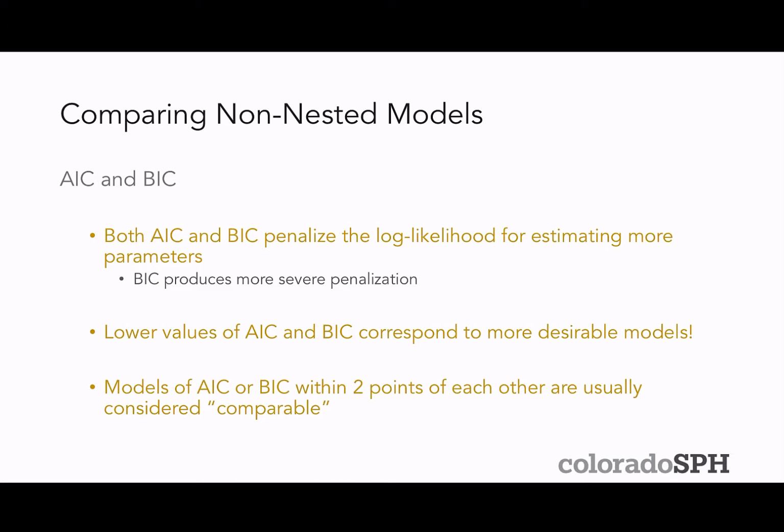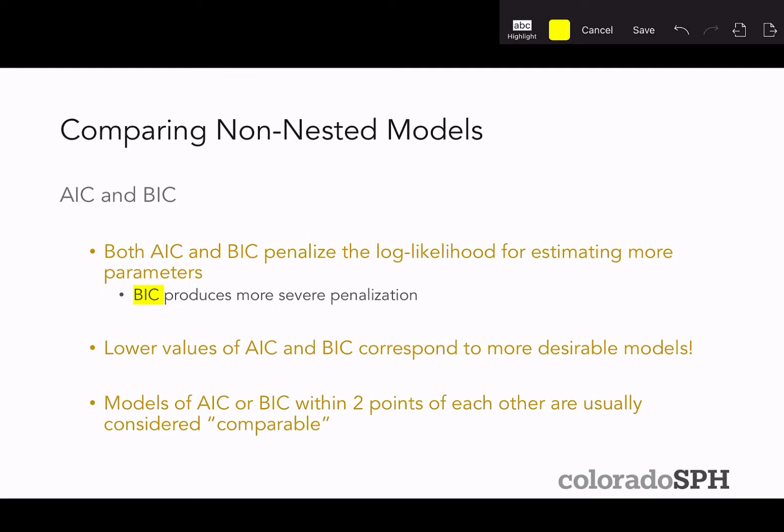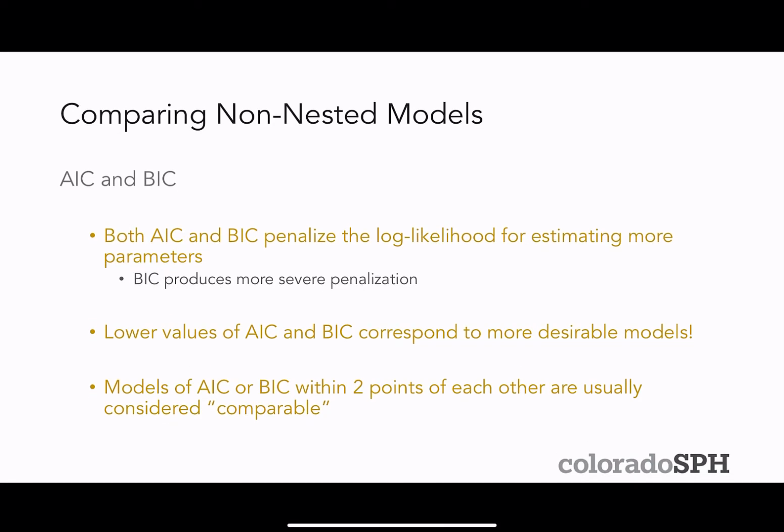So both AIC and BIC penalize the log likelihood for estimating more parameters. BIC produces more severe penalization. And lower values of the AIC and BIC correspond to more desirable models.